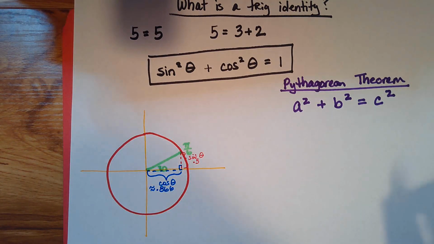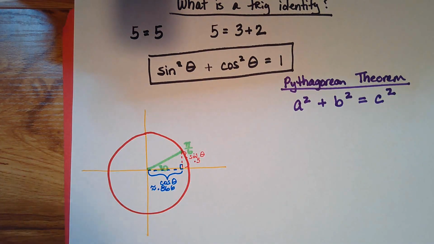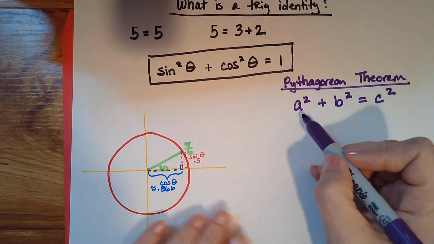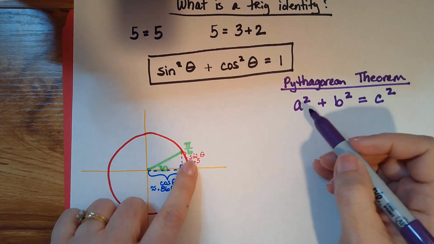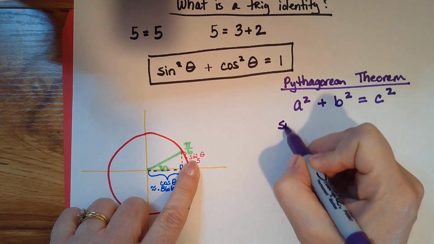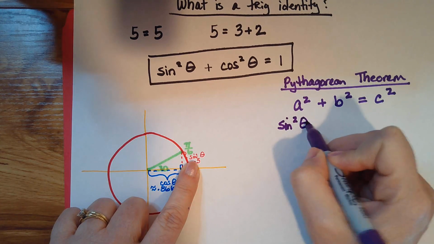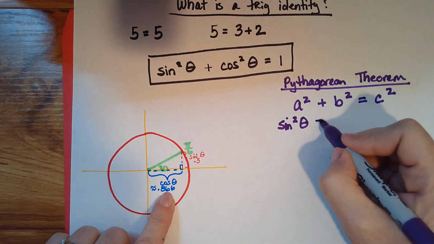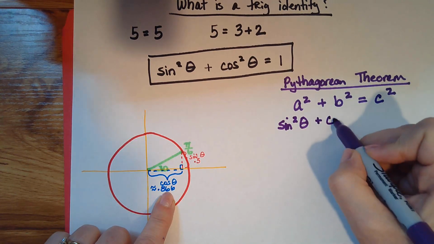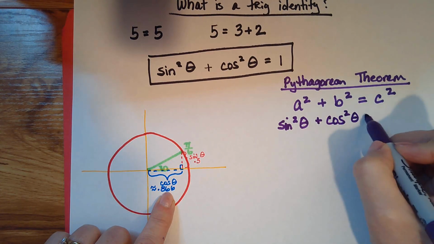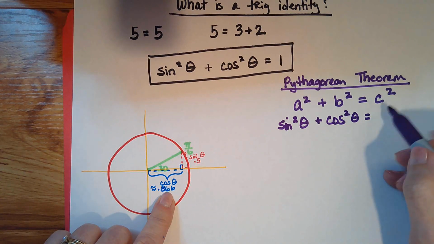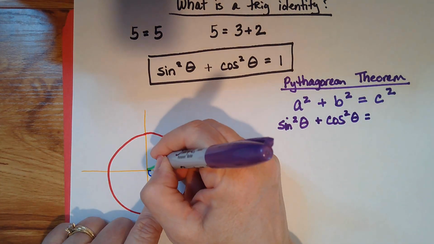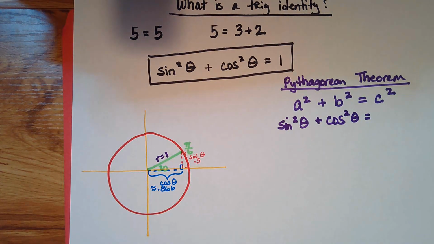So let's take a look at how this compares to this. So one side of our triangle is sine. So we can write sine squared theta plus the other side of our triangle, which is cosine. So cosine squared theta equals our hypotenuse squared. And our hypotenuse, in this case, we know is 1.